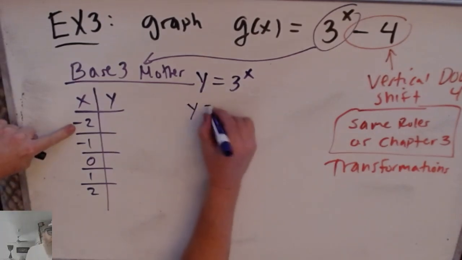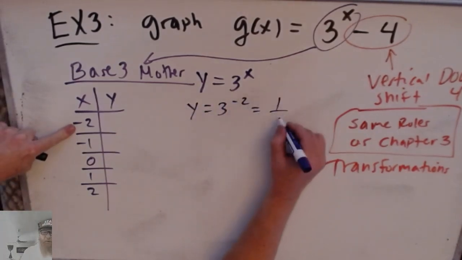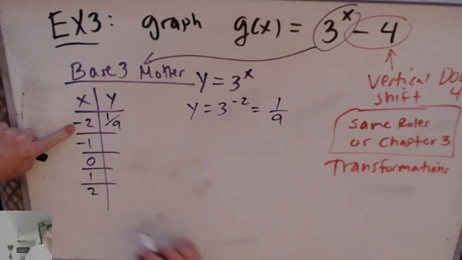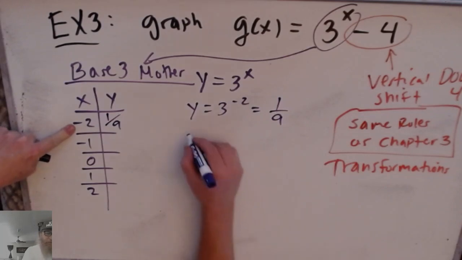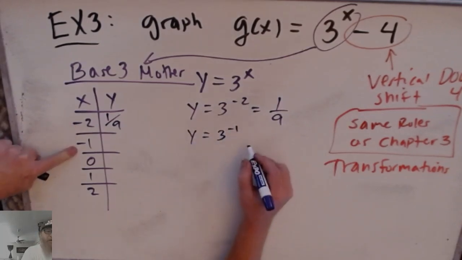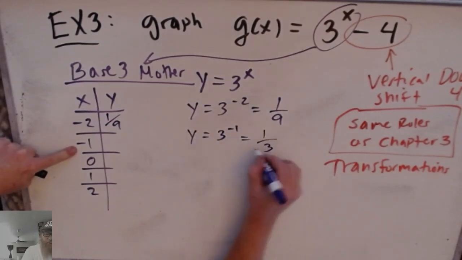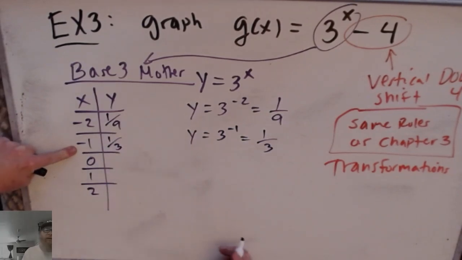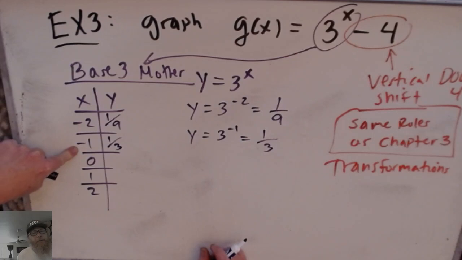So what's this one? 3 to the negative 2 power. That'll be 1/9. I probably won't graph that one. 3 to the negative 1 power. That's 1/3. Probably won't graph that one either.